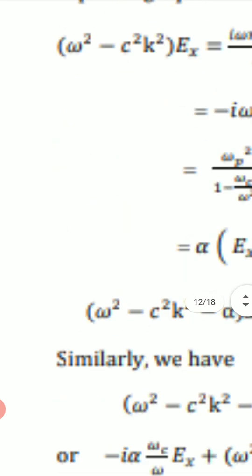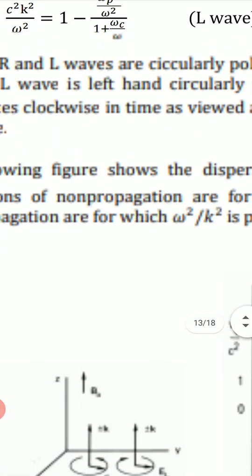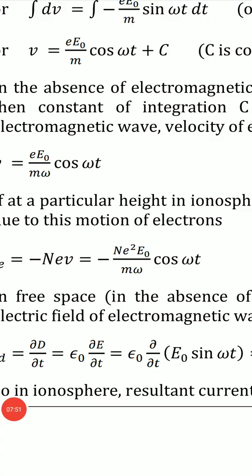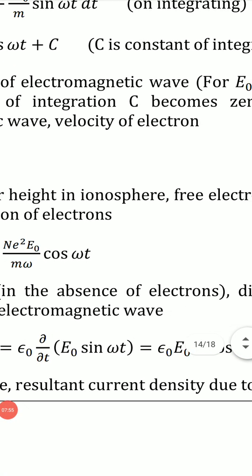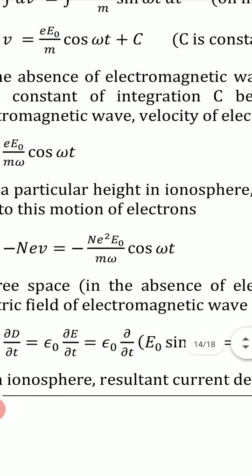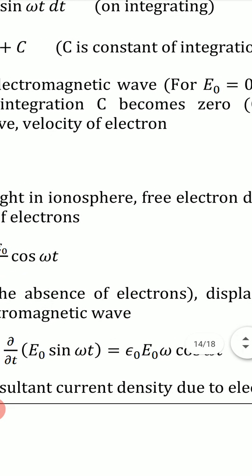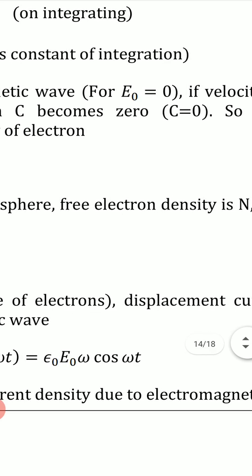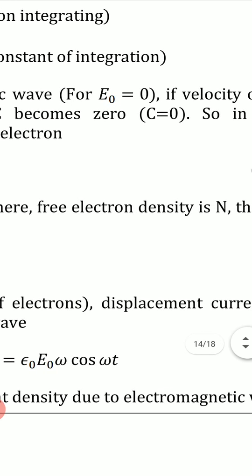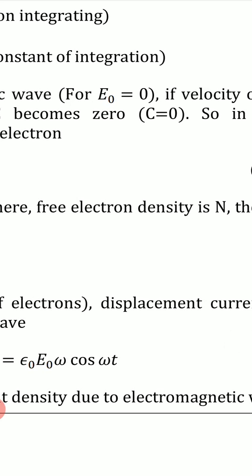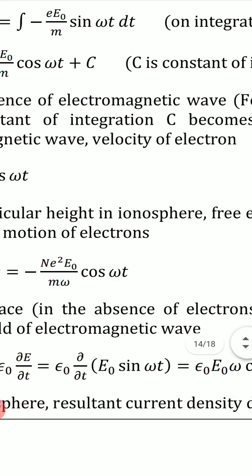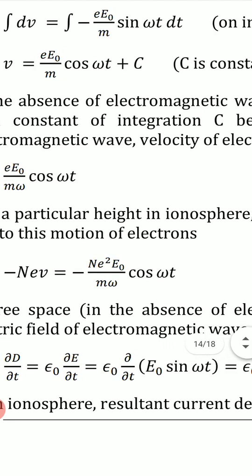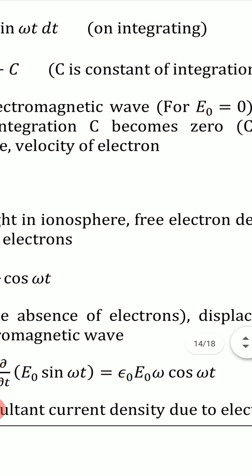So in the absence of electromagnetic wave, when E0 is 0, if velocity of electron is 0, then constant of integration c becomes 0.